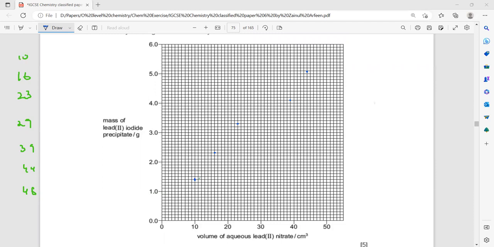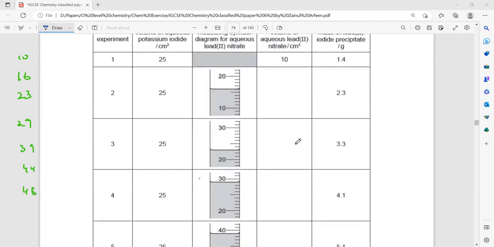The mass values were 1.4, 2.3, 3.3, 4.1.